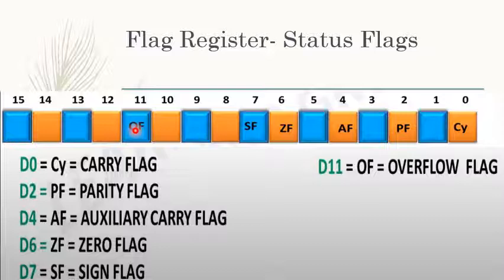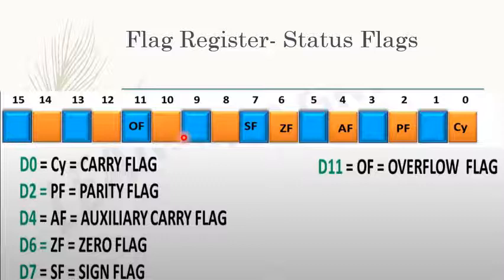These are called status flag bits. Bits D8 and D9 control the operation of 80286 within a given operating mode and these bits are called control flags.